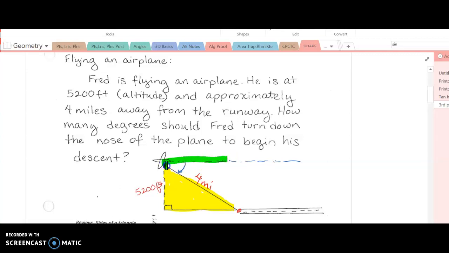In fact, the line of sight is actually parallel to the ground, right? And so if these are parallel, then we could use alternate interior angles to make our angle X here also angle X degrees here.